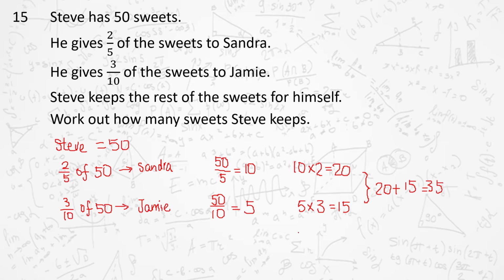So he gives away 35 sweets in total. So the leftover will be 50 minus 35 equals 15. So that's the answer. Steve kept 15 sweets for himself.